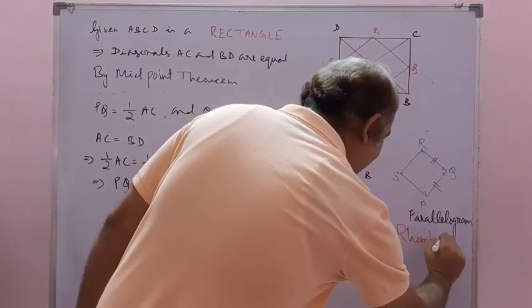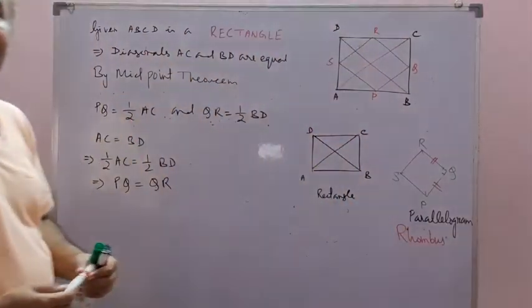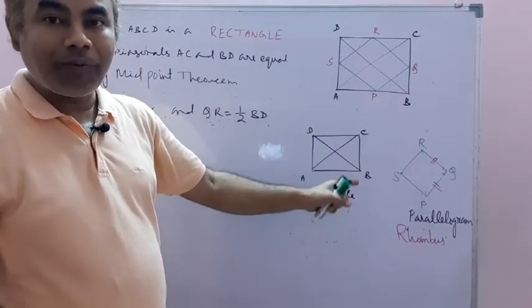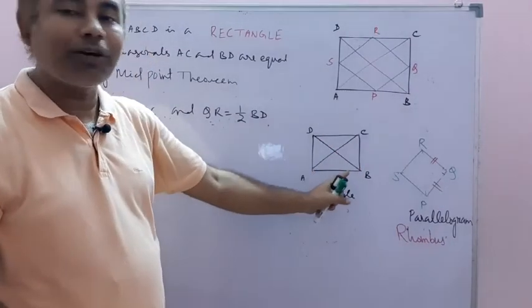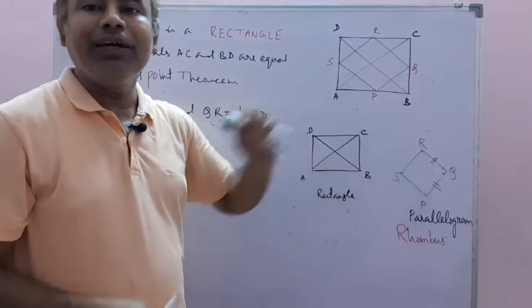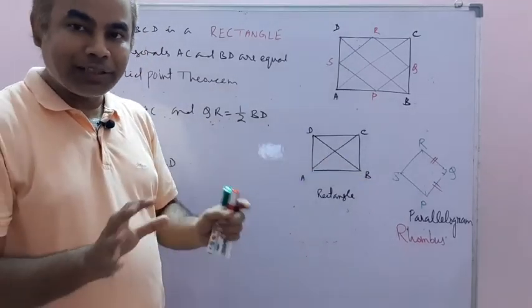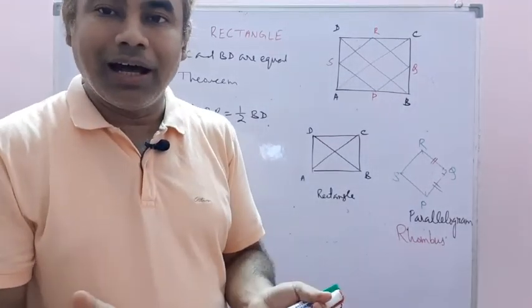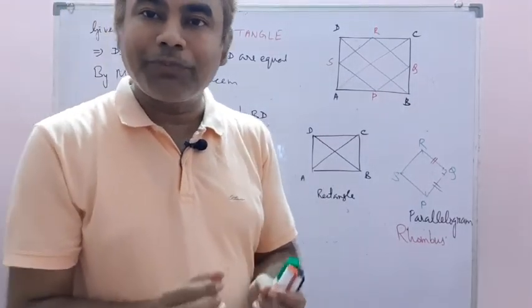That means if our given quadrilateral is a rectangle, then the quadrilateral formed by joining the midpoints of the sides of our rectangle is a rhombus. So these are the things we can come to know by using the midpoint theorem.